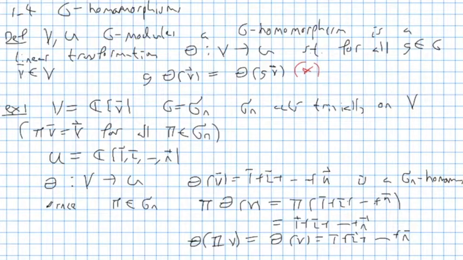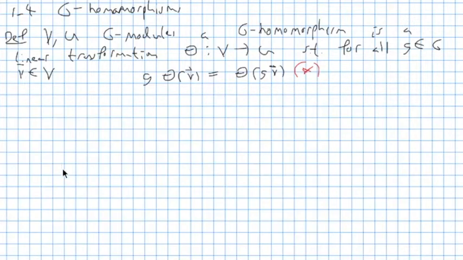Let's look at another example. Here V is again a one-dimensional representation, and G is still the symmetric group, but the action of a permutation pi on the vector V gives a multiple of V, scaled by plus or minus 1 depending on the sign of pi.